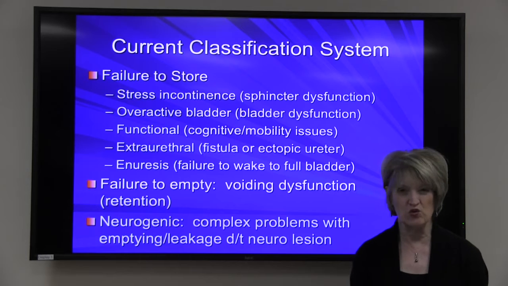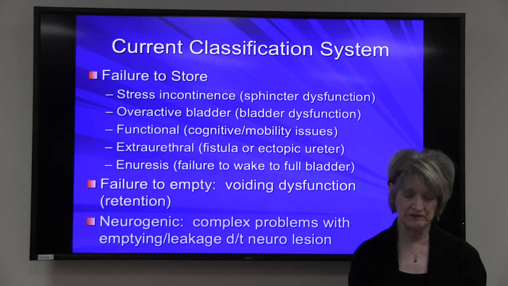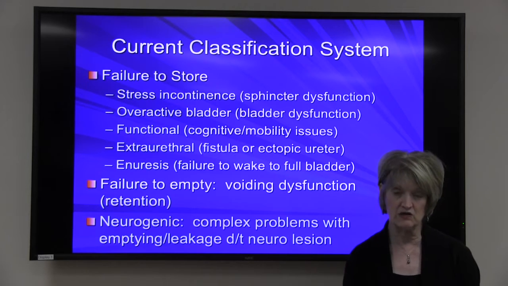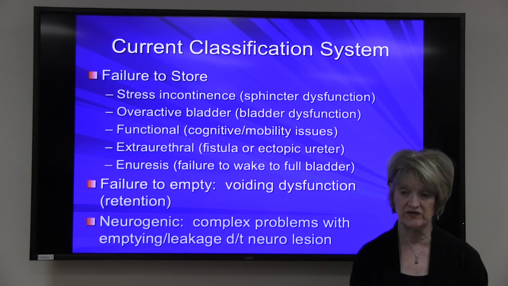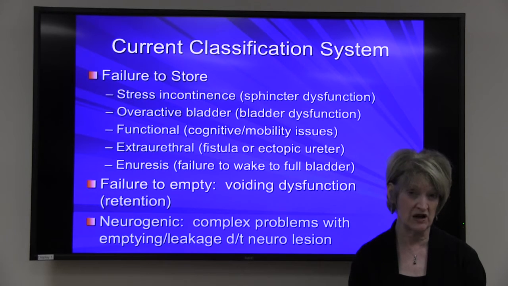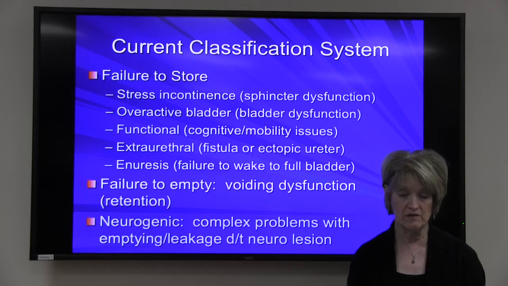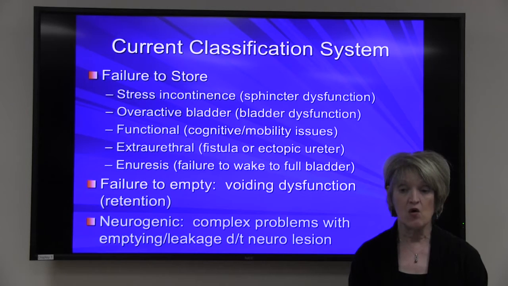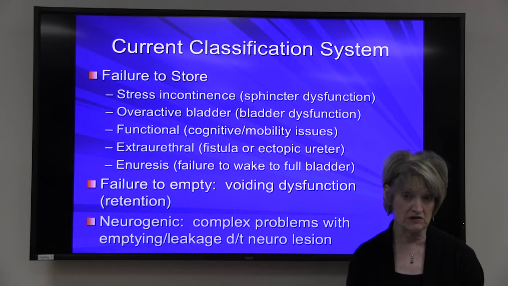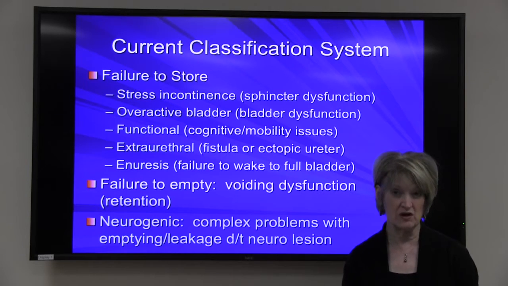Extraurethral incontinence we're really not going to spend time on. This is incontinence caused either by a fistula, such as a fistula between the bladder and the vagina, or in men between the bladder and the skin. Or in a child, it could be caused by an ectopic ureter that bypasses the sphincter.